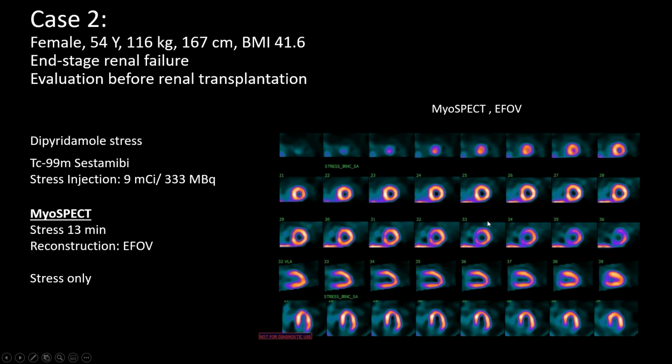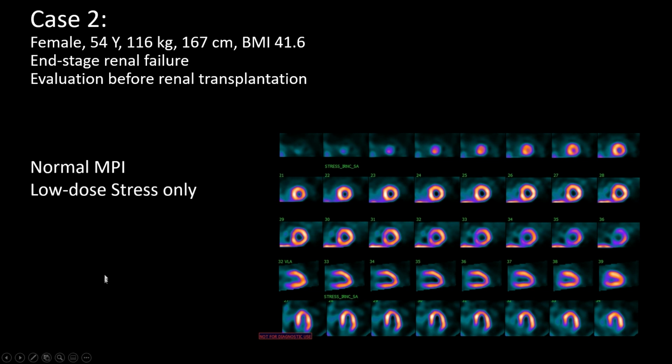So the images, as you can see, these are the stress images, are of excellent quality, high resolution, and showing normal myocardial perfusion at stress. So the study was terminated, sparing the resting injection, and the patient ended up with a stress-only test.